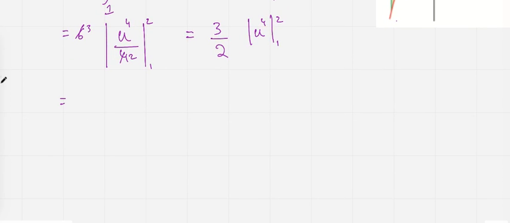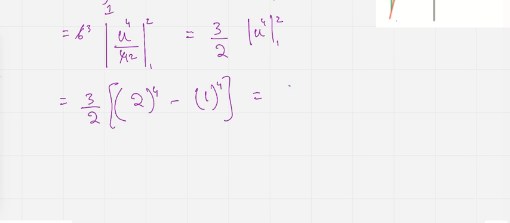So it is going to be 3 by 2 times (2 to the power 4 minus 1) by 4. So it is 3 by 2 giving me 16 minus 1, so 3 by 2 times 15, which is 45 by 2.